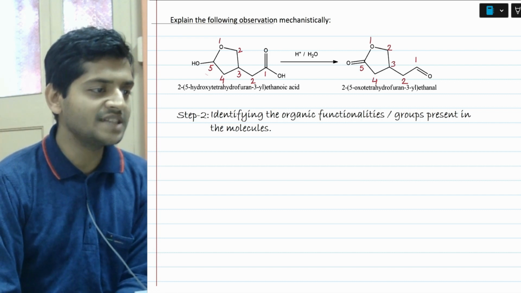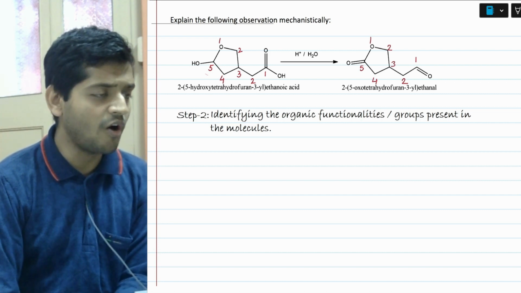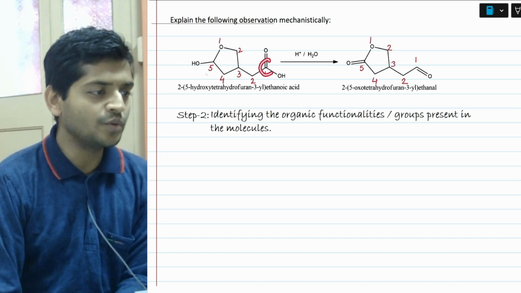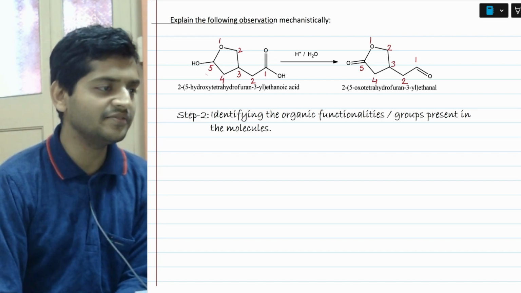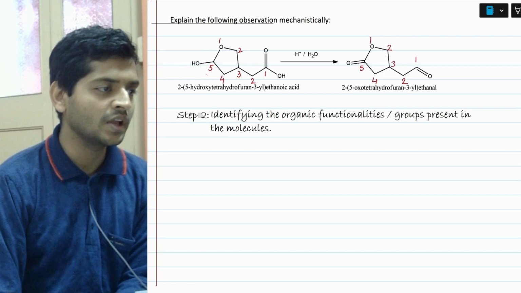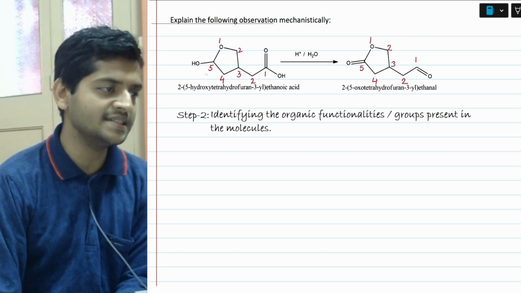Now we are moving on to the second step of our solution, identifying the functional groups present in the molecule. So we can see first we have the carboxylic group, secondly we have the hydroxy group, and in this portion we also see a hemiacetal group.